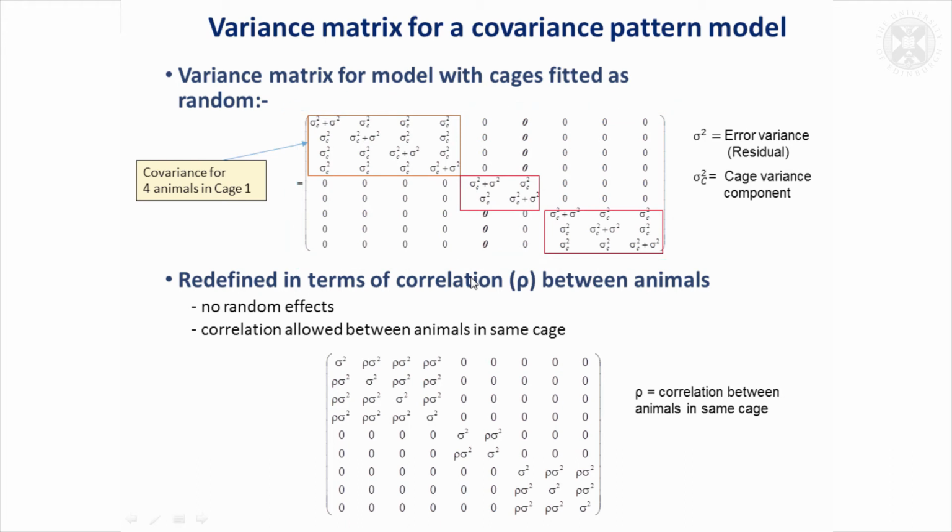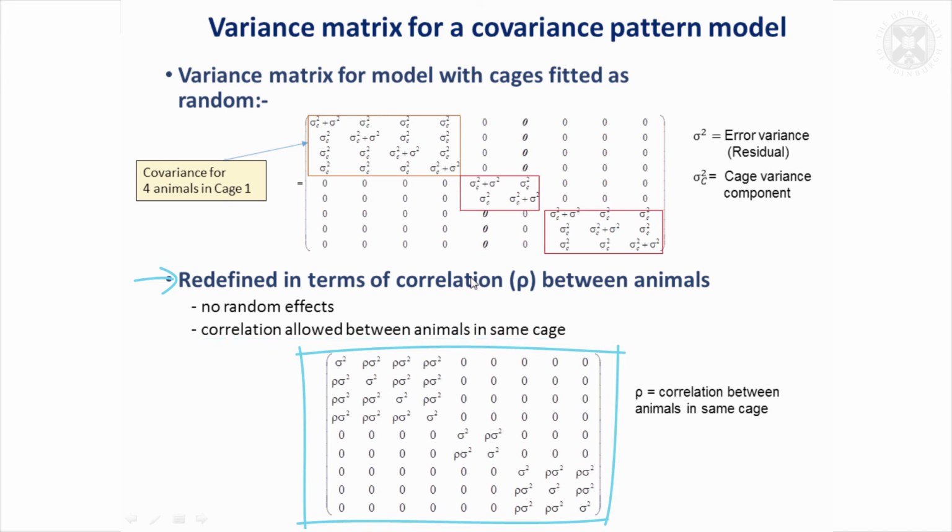But what we can do is redefine that matrix in terms of correlations, like this. So instead of variance components from the random effects, we've just got one residual variance, and we've got a correlation parameter for the correlation between animals in the same cage. And of course, correlations are allowed to be negative as well as positive, so we've now got a model that is effectively allowing for a negative variance component for cages, but we've defined it in terms of correlations between animals in the same cage.